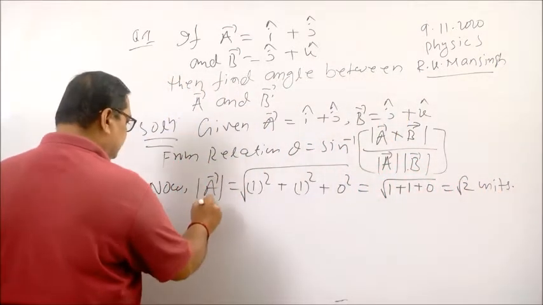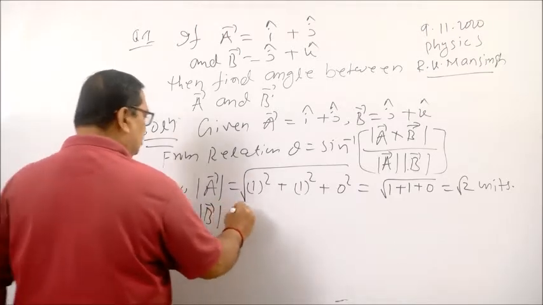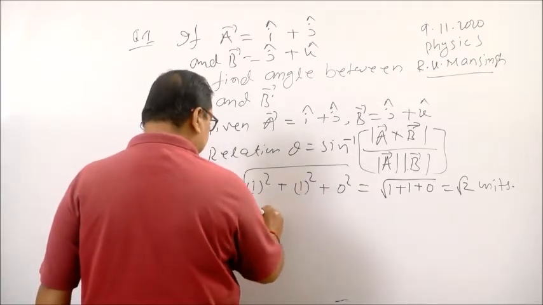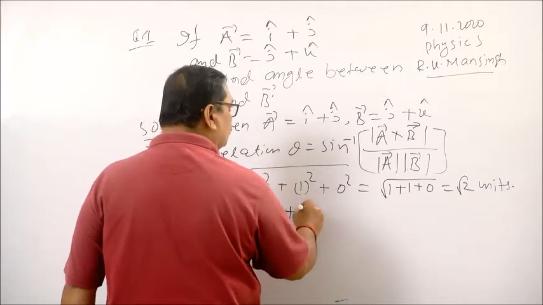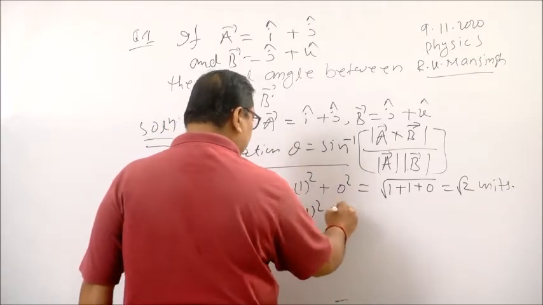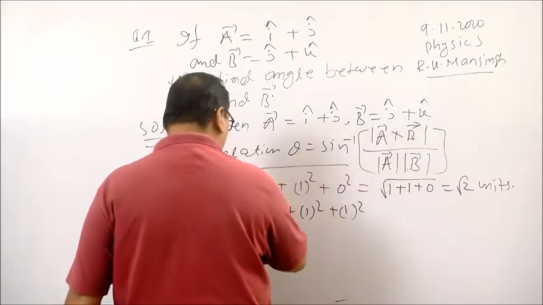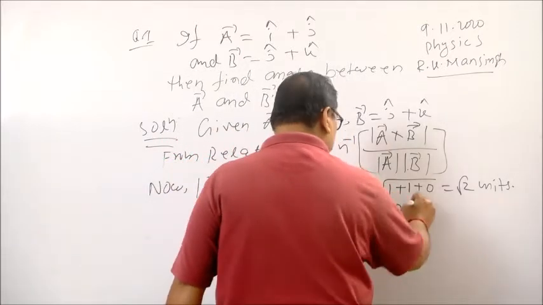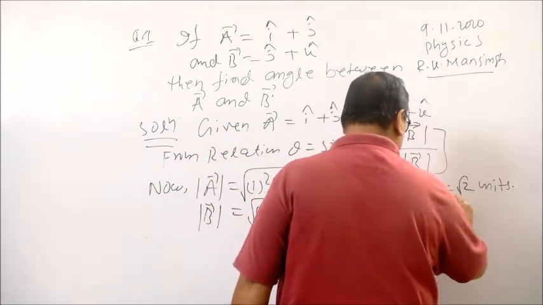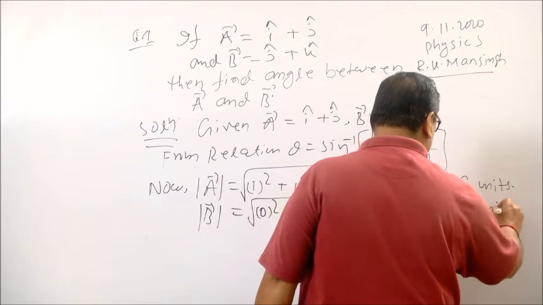Similarly, you can find the modulus of vector B. Here the coefficient of i cap is 0, of j cap is 1 and of k cap is 1. So this will also give root 2 units.